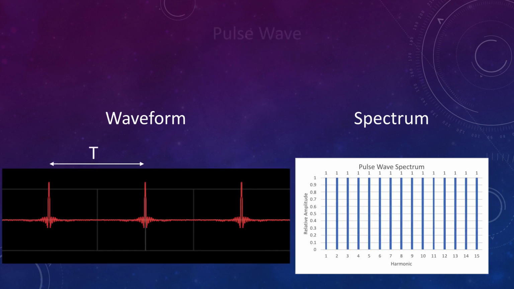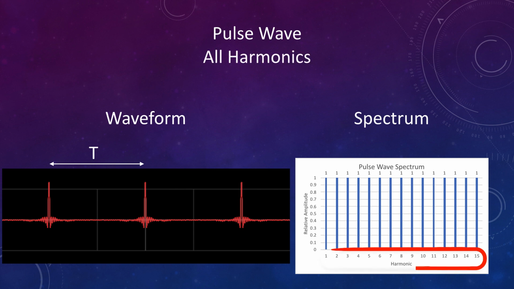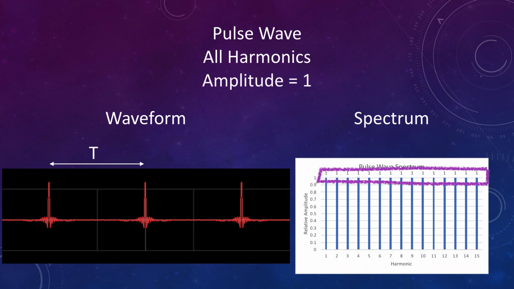A pulse wave is made up of all harmonics of a cosine wave. It sounds like this. Like the sawtooth wave, it has all harmonics. All the harmonics have an amplitude of 1. As with all these examples, the period equals 1 over F1, and F1 equals 1 over T.